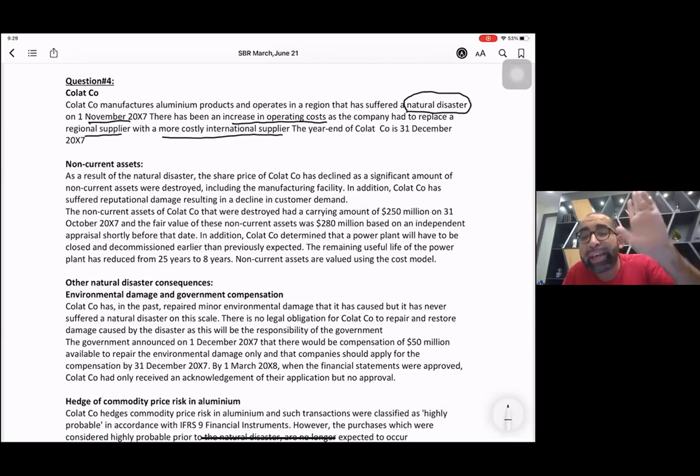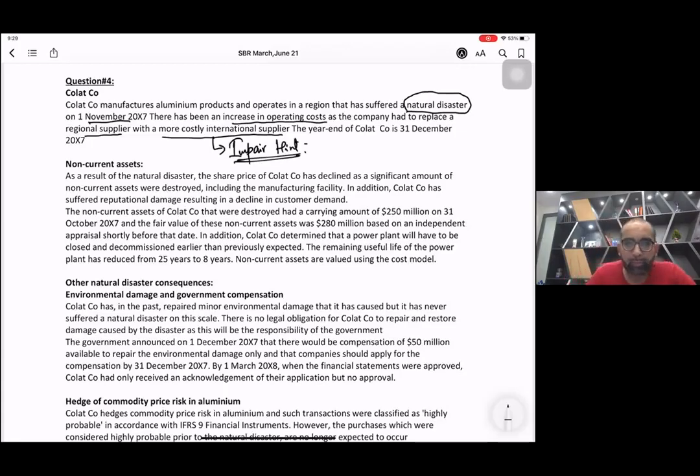And when your future cash flows are reduced, your value in use, VIU, will be reduced, and a reduction in value in use is an impairment hint. So one impairment hint I just gathered.